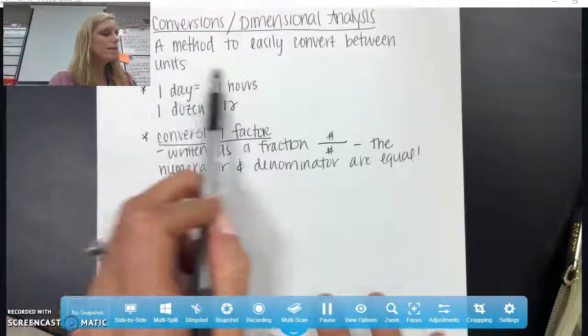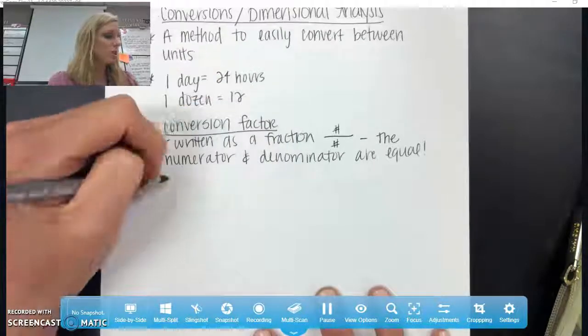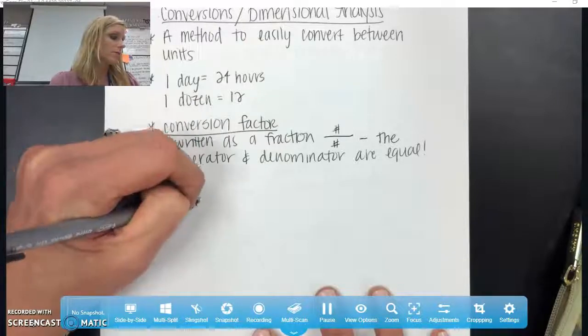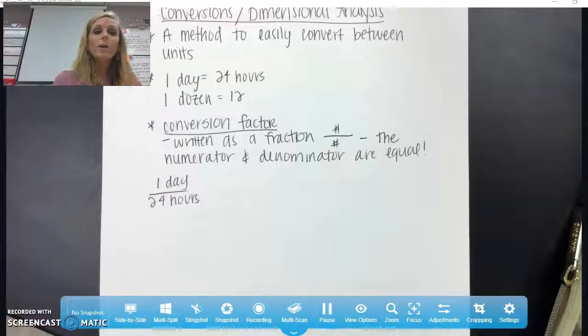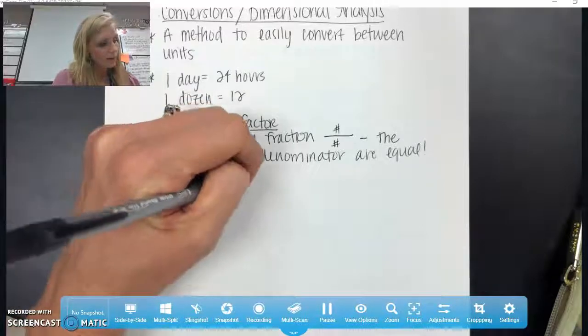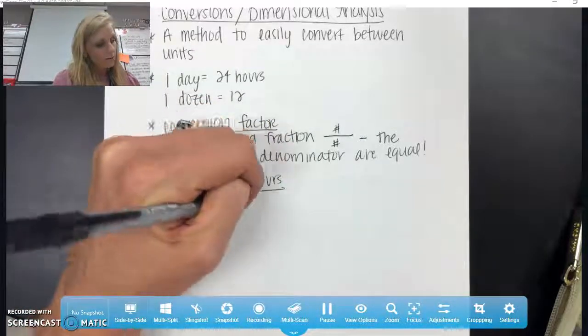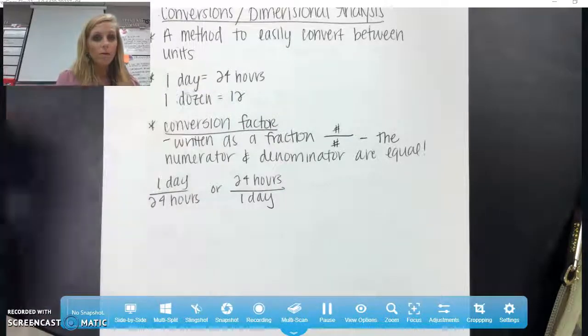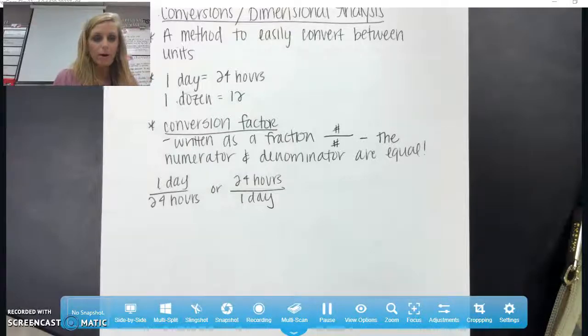So to put these conversions into conversion factors, you could do 1 day over 24 hours. I will tell you in a minute how to decide which one goes on the numerator and denominator, but it's not always the same way. So you could do 1 day over 24 hours or 24 hours over 1 day. Same thing with a dozen and 12. You could do 1 dozen on top and 12 eggs on the bottom or whatever, or vice versa.